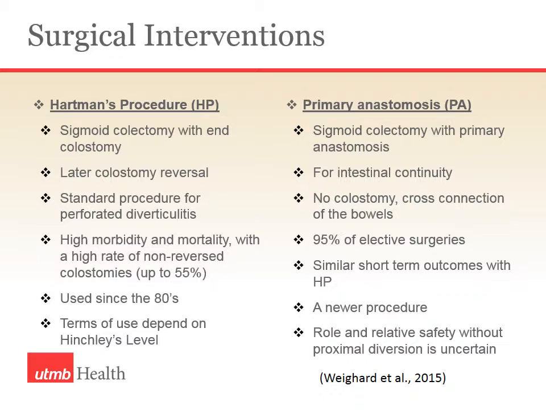It's just a resection or a colectomy of the sigmoid colon. Most of these are elective surgeries. Most surgeons don't do this unless the patient elects to. There are similar short-term outcomes as with the Hartmann's procedure, but it is a little newer, so not as many surgeons are as willing or as knowledgeable about this intervention.